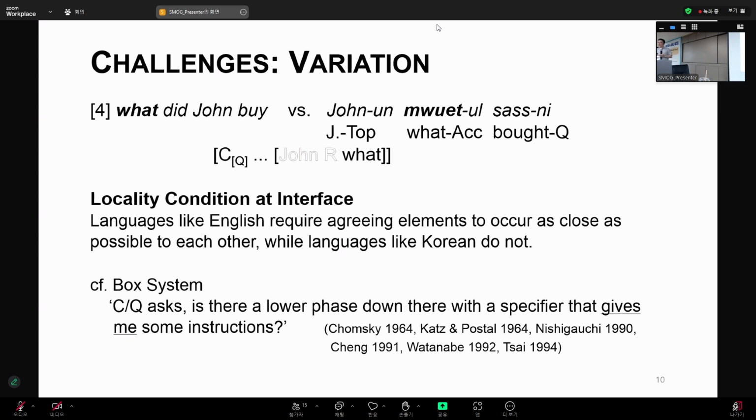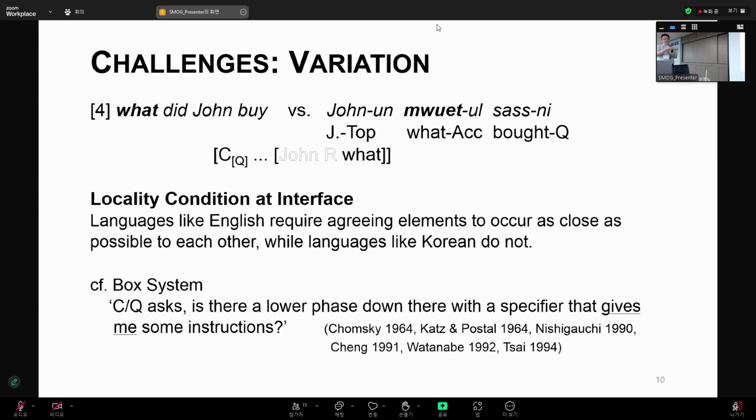To put it differently, this parameter is on for WH ex-situ languages, but it's off for languages like Japanese or Korean. So I think it might be better to attribute the language variation not to the inherent property of the WH phrases, but to a parameter or a condition working at the interfaces.